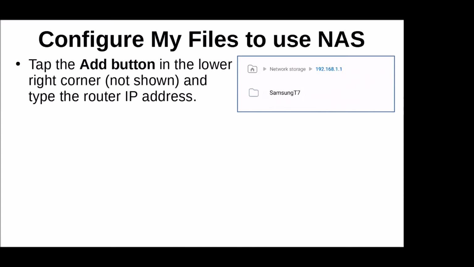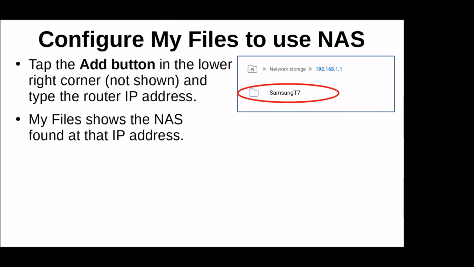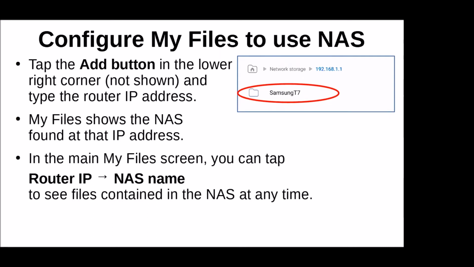As you can see, when you do that, it will show you any NAS that is attached to that IP address. My Files showed the NAS found at that IP address on my network. And in the main My Files screen, you can tap router IP address and NAS name to see the NAS anytime in the future.